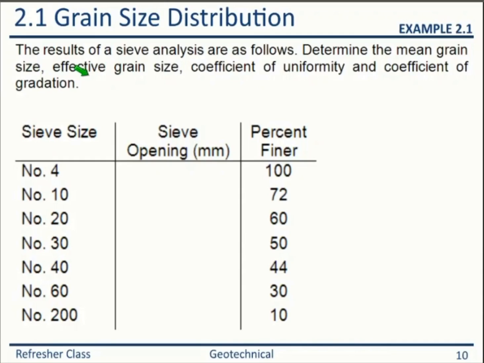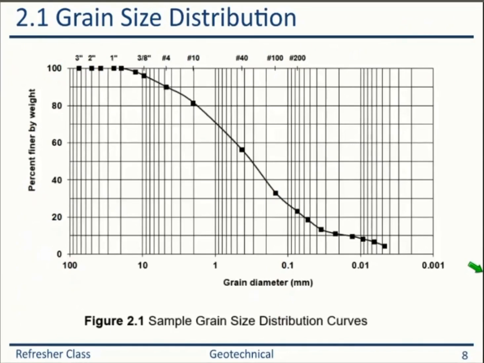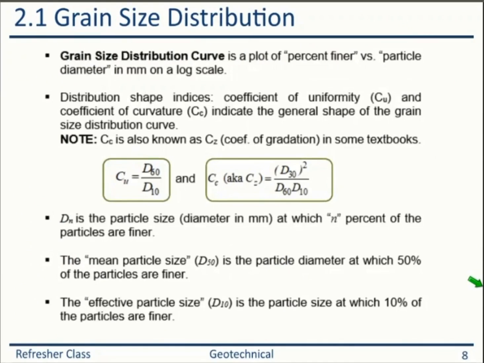Effective grain size is D10. In your page number 8, if you look at it, mean grain size is D50 and your effective particle size is D10, right? So D10 means 10% of the particles are smaller or finer than D10. D50 means 50% of the particles are finer than D50.